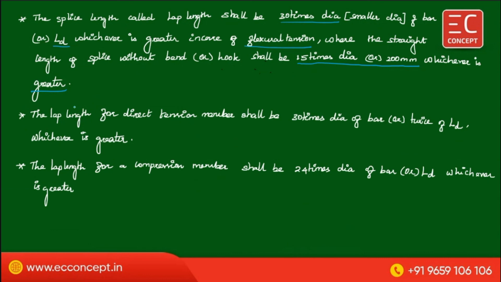Next point, the lap length of direct tension member: this is the flexural tension, this is the direct tension, 30 times diameter of bar or twice the Ld, whichever is greater. The lap length for compression shall be 24 times the diameter of bar or Ld, whichever is greater.